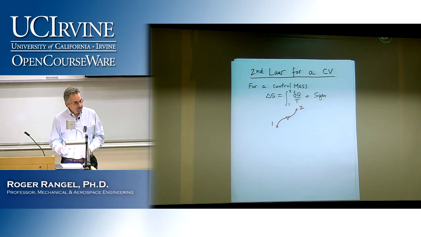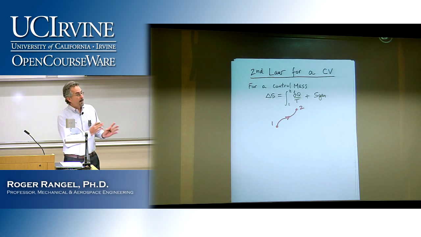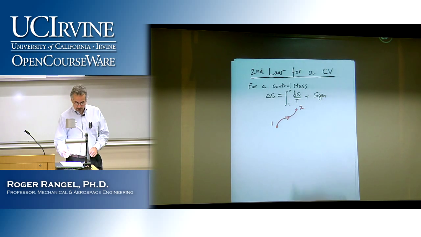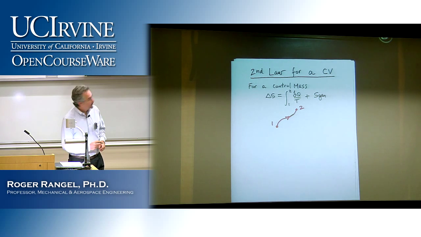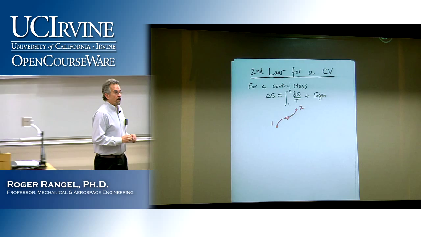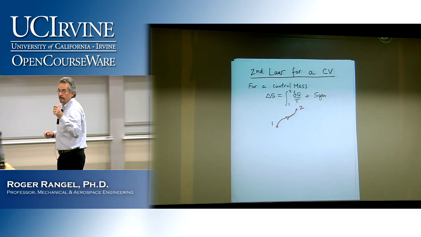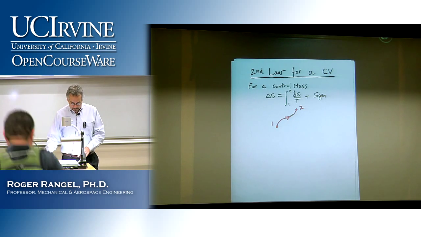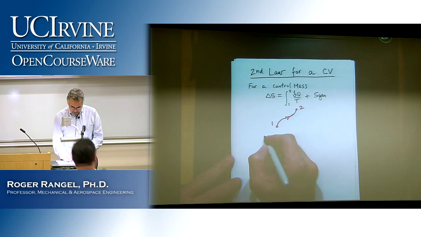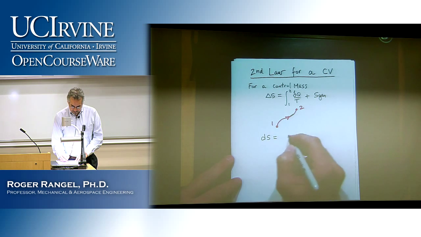And as we did with the first law of thermodynamics, we can also take this equation, and instead of writing it for the entire process from 1 to 2, we can write it in differential form if we just take a segment of that process path and calculate the infinitesimal entropy change during that segment of the total process. We would just write the same equation in differential form.